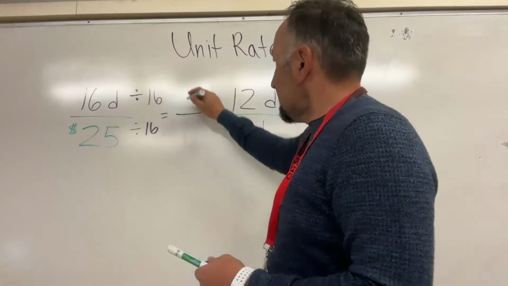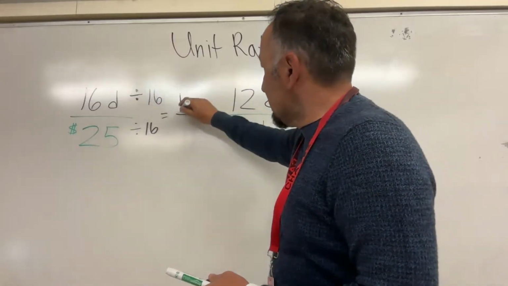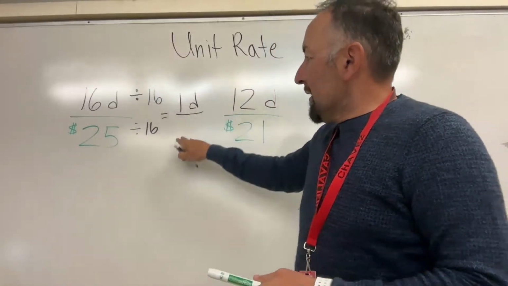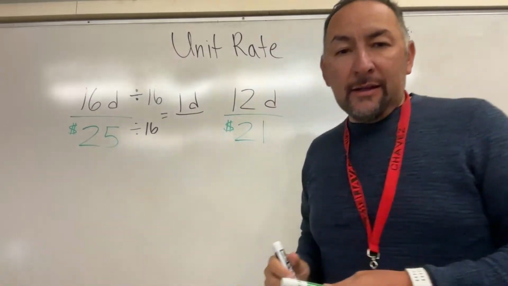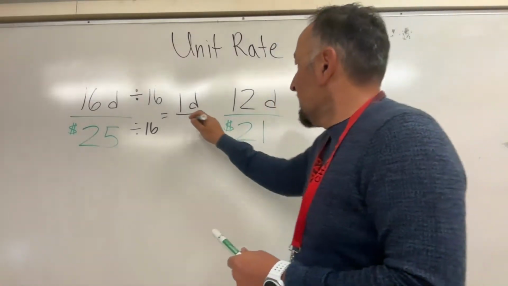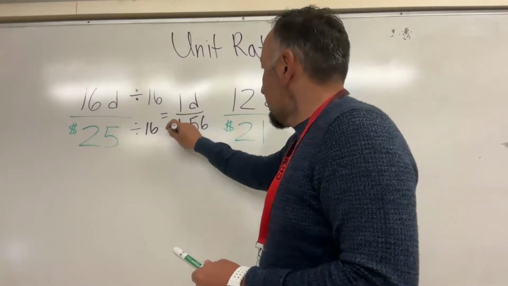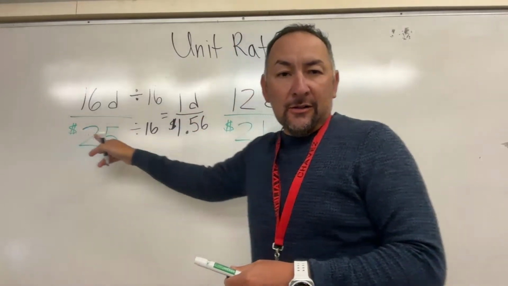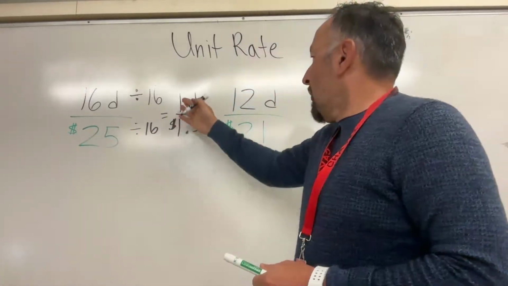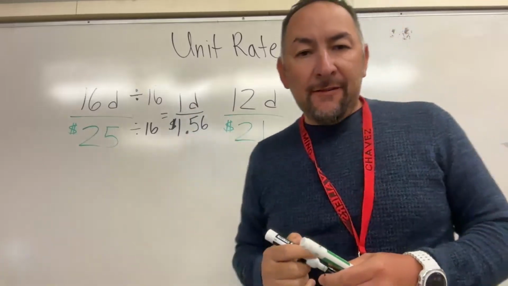All right, so 16 divided by 16 is 1. So one donut, and if we do this on our calculator, 25 divided by 16, we would get 1.56. And it looks like we're talking about dollars, so we can label it. So one donut is $1.56.